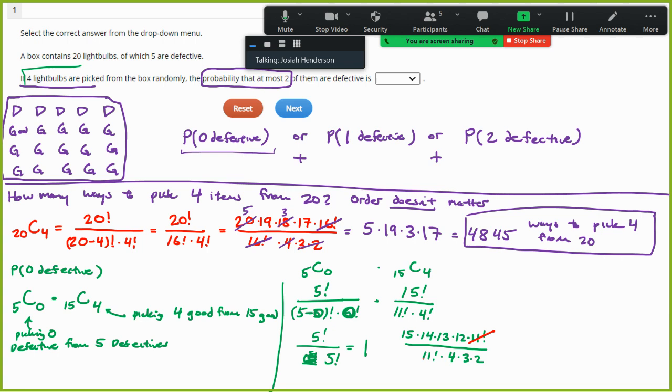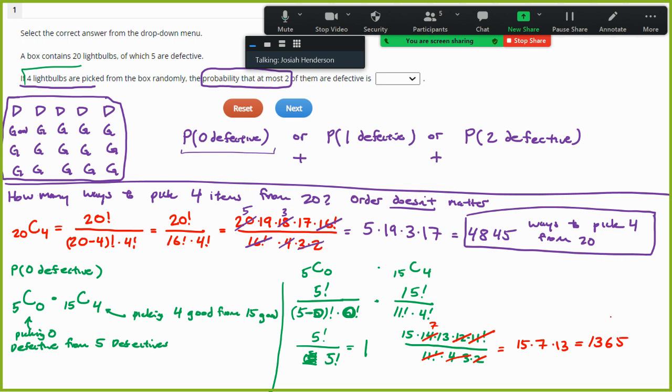So 11 factorial over 11 factorial can cancel. 4 times 3 is 12. So I'm going to cross out 4 times 3 and the 12 on top. And then 14 over 2 can turn into just plain 7. What's left? 15 times 7 times 13. 1365.